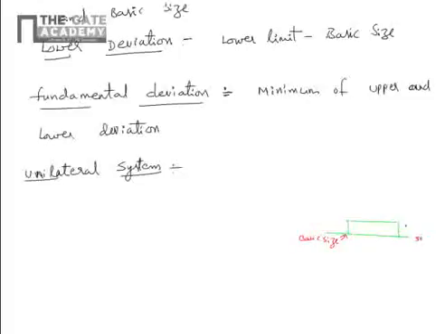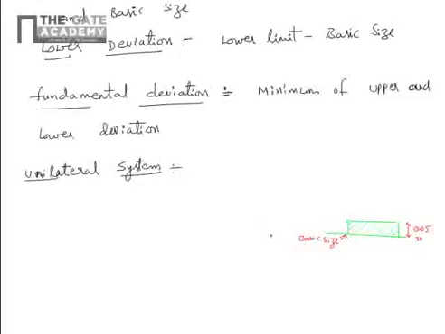Suppose for example it is 50 and this one is 0.05. So this is tolerance.